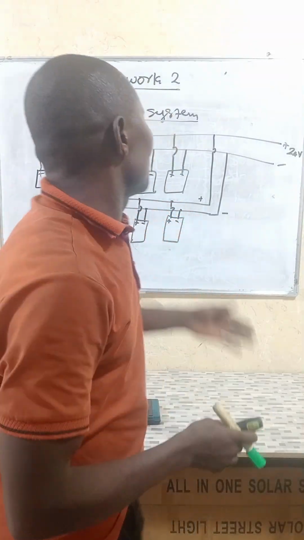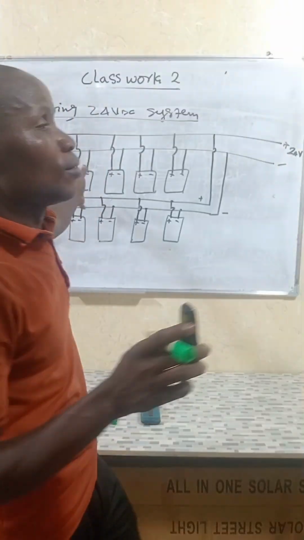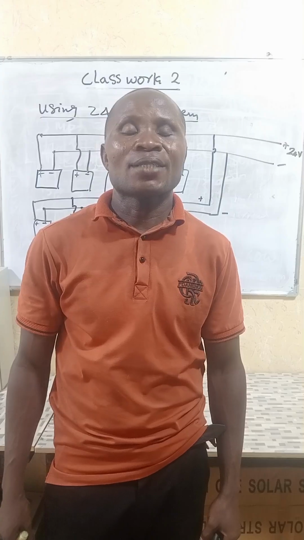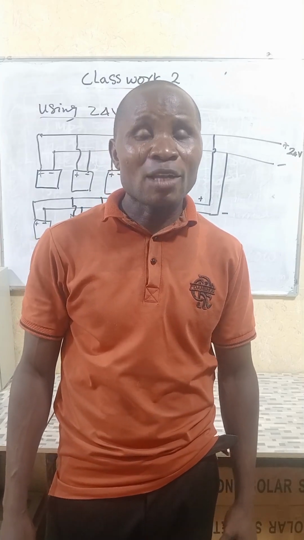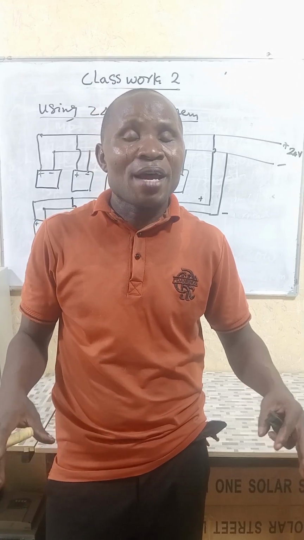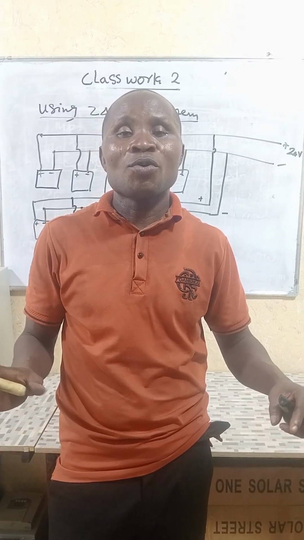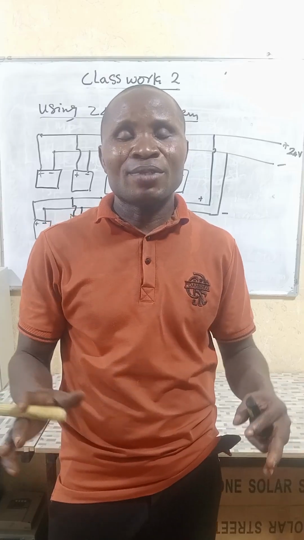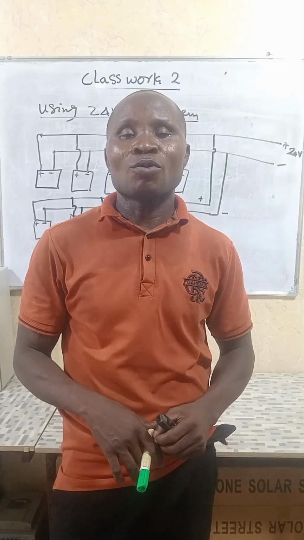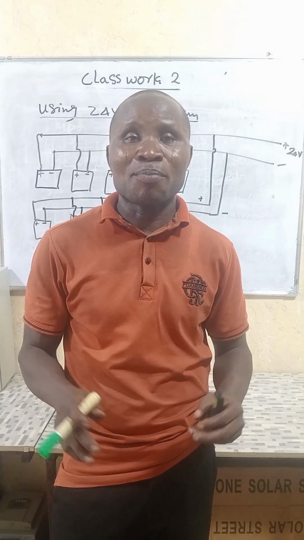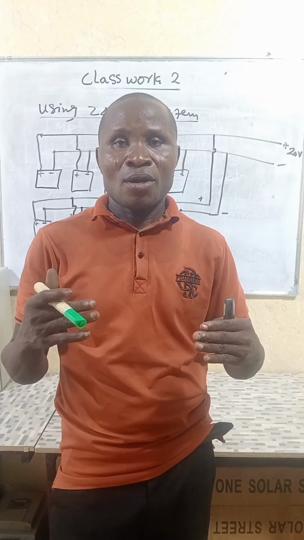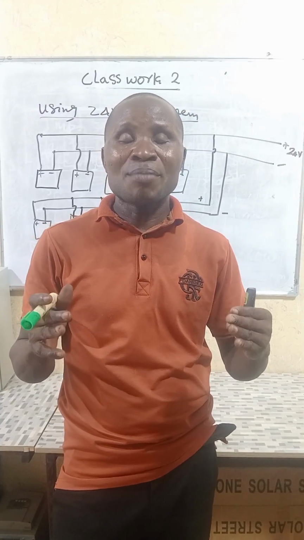As you can see, it's connected in parallel. Easy how it will be connected. Now we have to calculate the amps for the charge controller. This is out of range, but for the sake of class, we have to do it so that people know how to navigate when they are faced with different challenges on site. When panels are connected in parallel, the amps increase and the voltage remains the same.